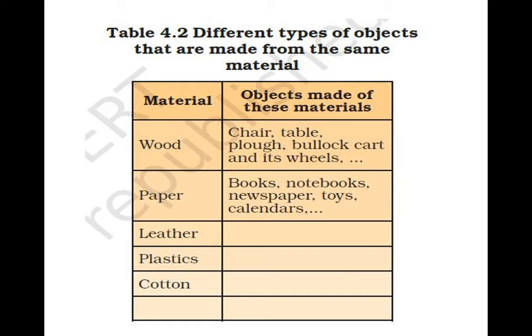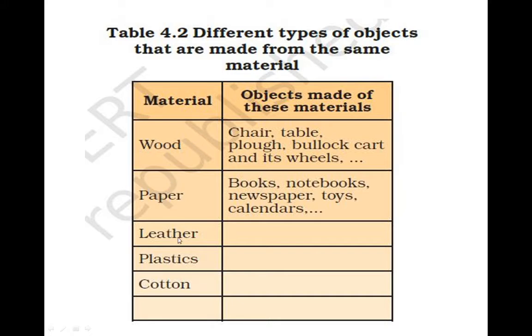Object means whatever things that you can see around you are known as objects. For example, chair. That chair is made up of wood. That chair is made up of what? Plastic also. So plastic and wood are materials and your chair is your object. Understood? Okay.